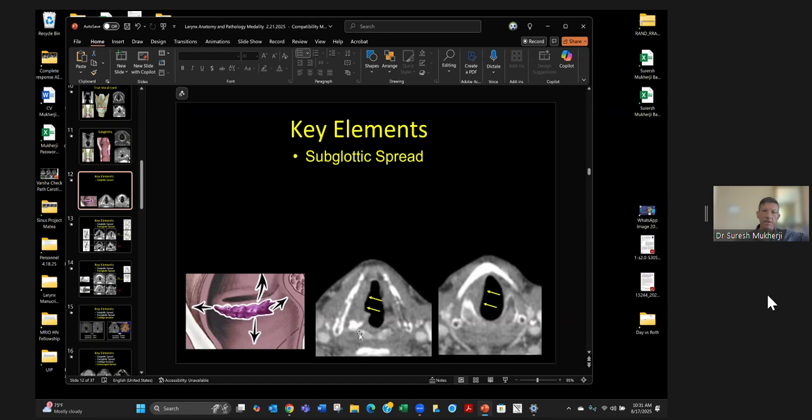The height of the true vocal cord is approximately a centimeter or so. So I like to scroll down to the most inferior portion of the cricoarytenoid joint, and that tells me I'm at the undersurface of the true vocal cord. Then I just continue to scroll down, and then I measure the thickness. That's how I measure the thickness of the subglottic spread.